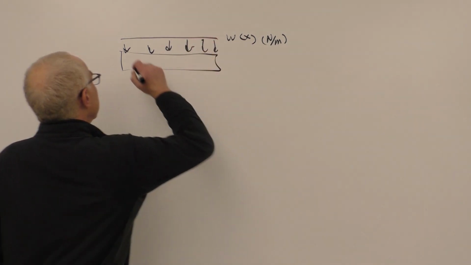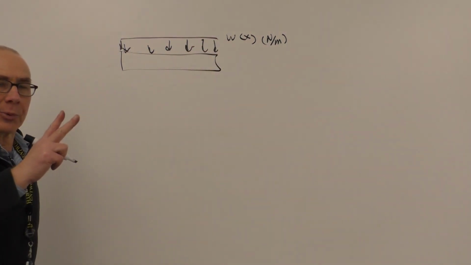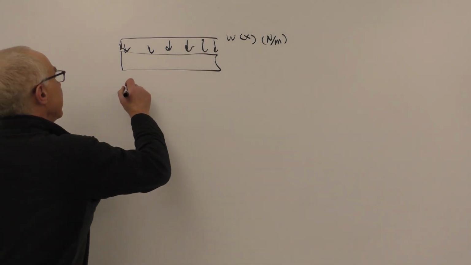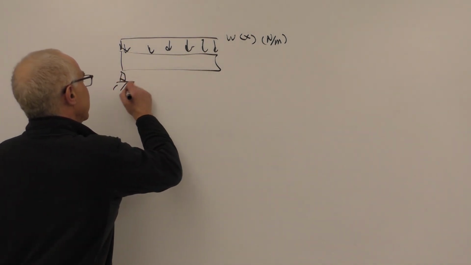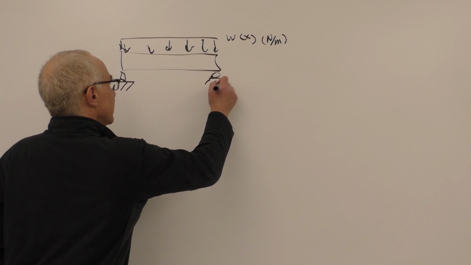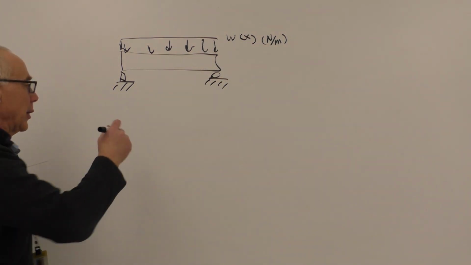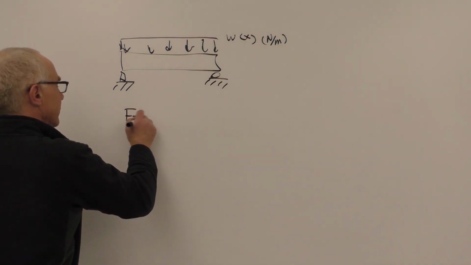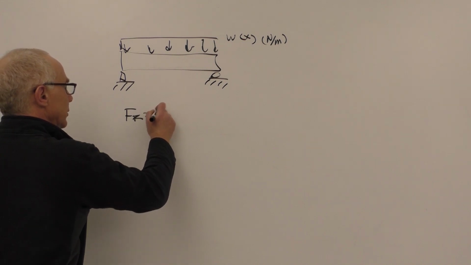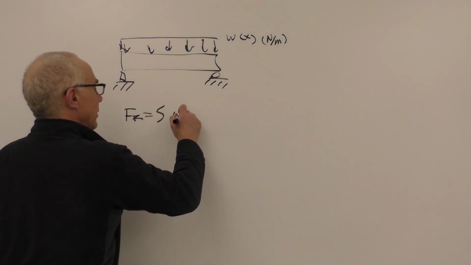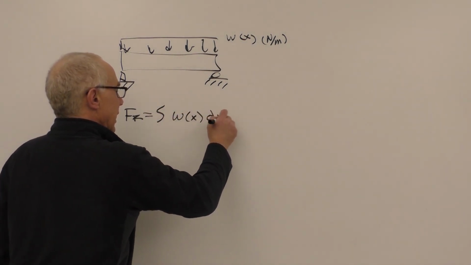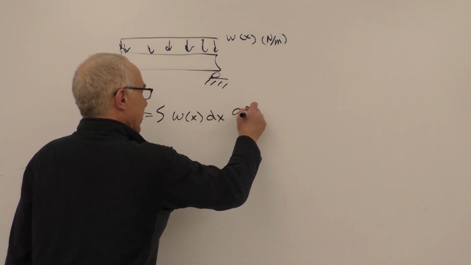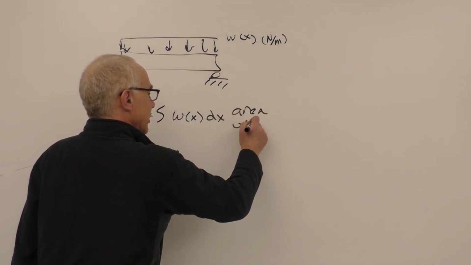The 2 take-home points from what we talked about, on this beam, are that the downward force, F of R, is going to be equal to the integral of W of X dx, which is the area under the curve.